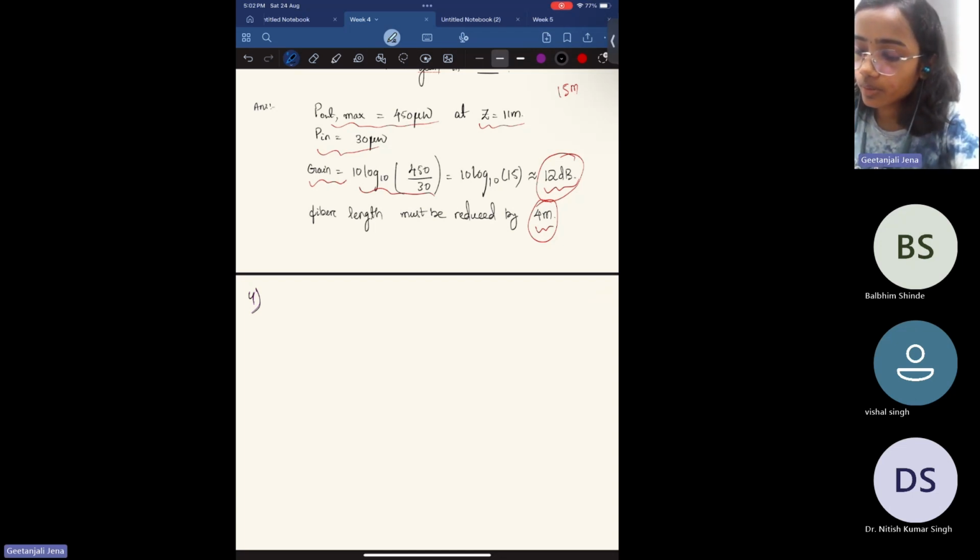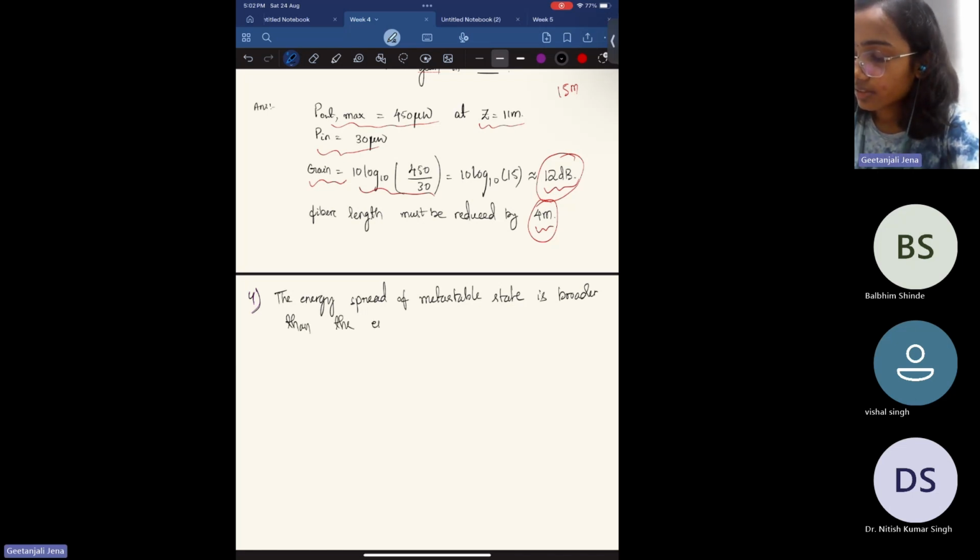It's a true and false problem. It is given that the energy spread of the metastable state is broader than the energy spread of other energy levels.